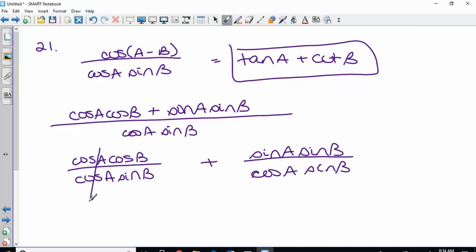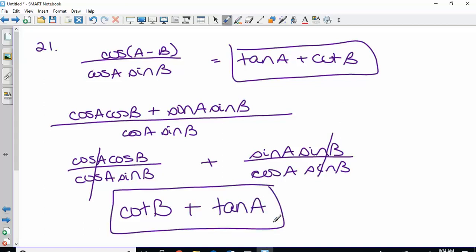What happens now? Cosine will cancel. Cosine over sine is cotangent B. Plus, in the second fraction, the sine B's drop, so you have sine A over cosine A, which is tangent A. And that's what we need.